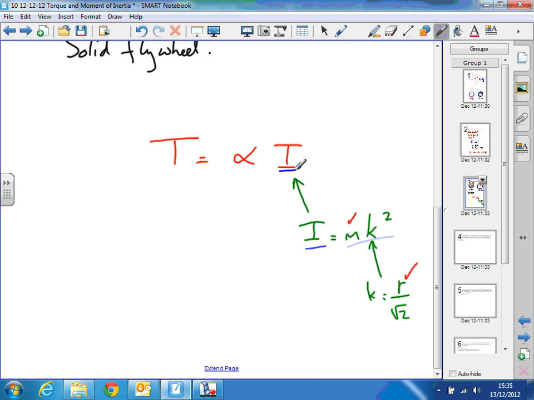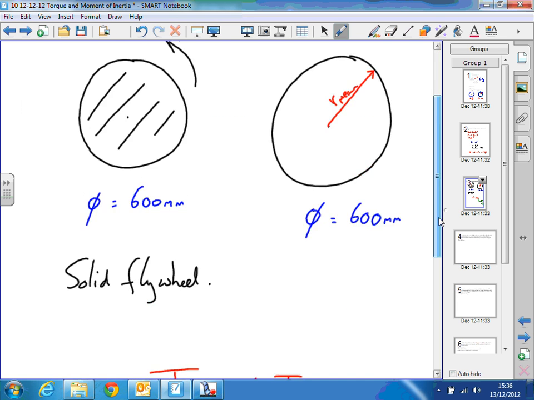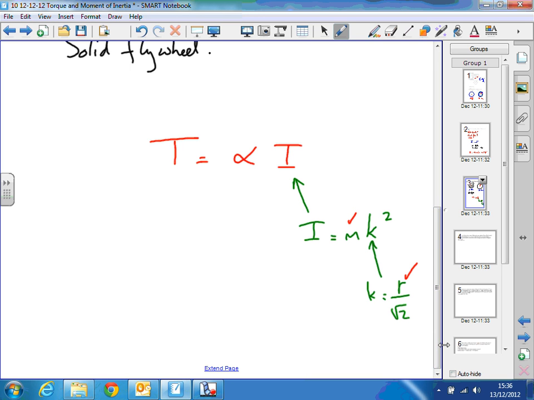Alpha now is a problem. So what I need to do now is to go back to what we were doing before and think of a formula that will allow me to find alpha in terms of what I want to know. So let's have a look. I'm told its speed increases from 600 to 700 in 12 seconds. So for this one, I know omega 2, remember we've got omega 1 and omega 2, and the time.